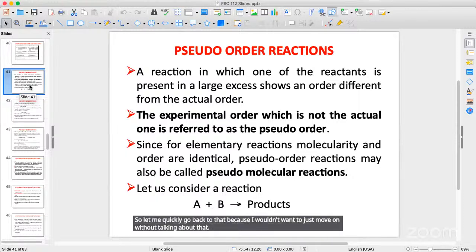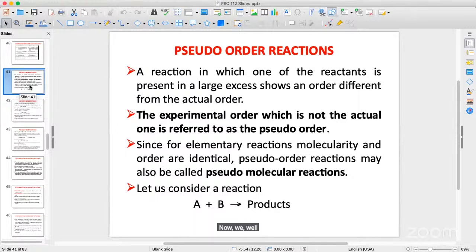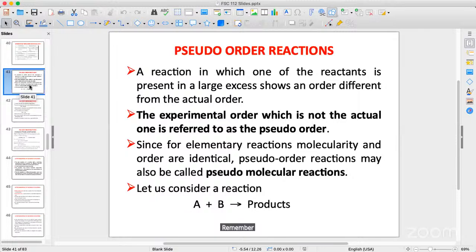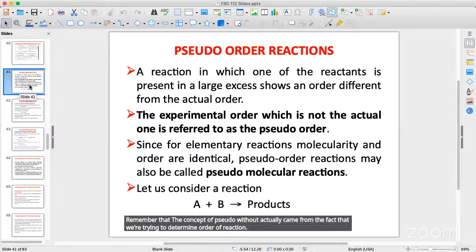Now, we've spoken about it anyway, and I just wanted to create a little bit of better understanding. Remember that the concept of pseudo-order came from the fact that we're trying to determine the order of reaction, though of course it goes beyond that.